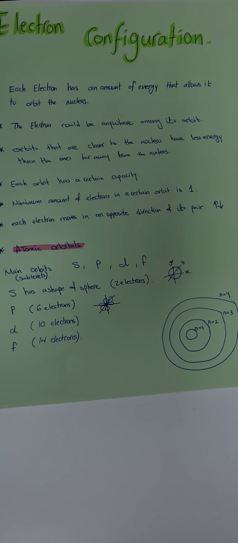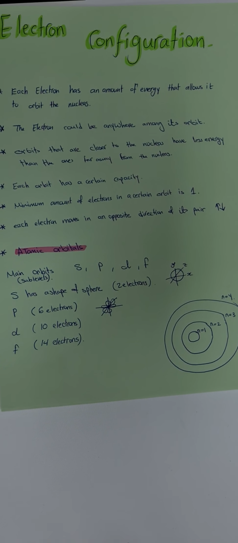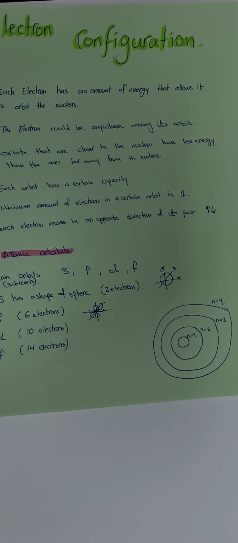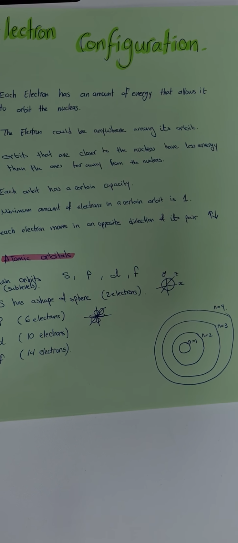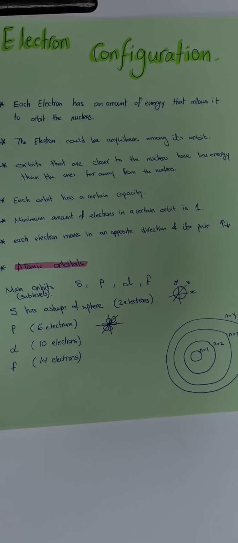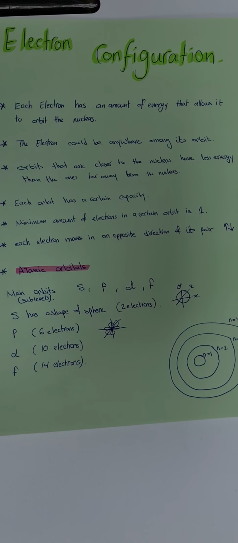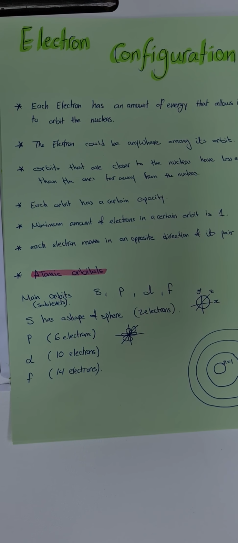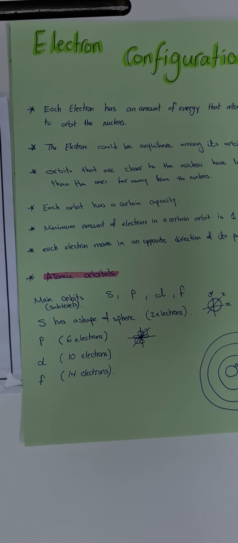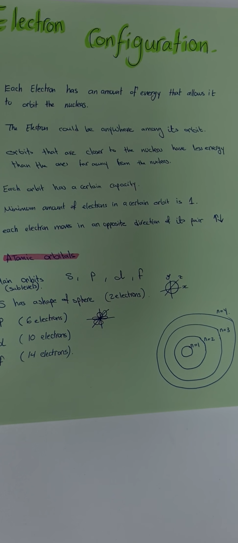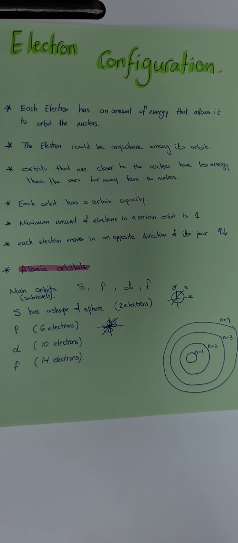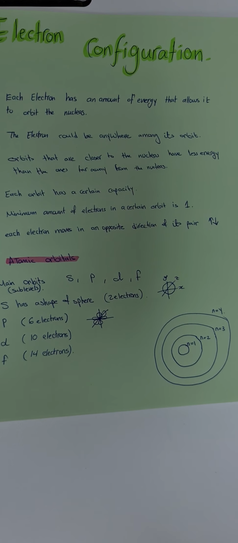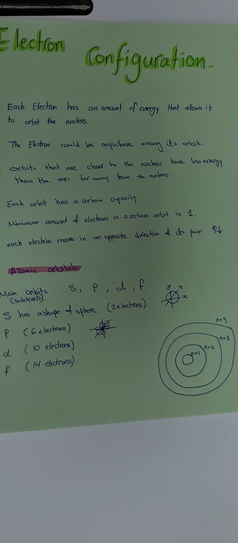But the electrons are very tiny particles. They are not that massive and they hold a charge. And because they have a charge, they have a huge amount of energy. That's why in science we cannot predict the location of an electron. I can only give you a probability of a possible location for a certain electron.